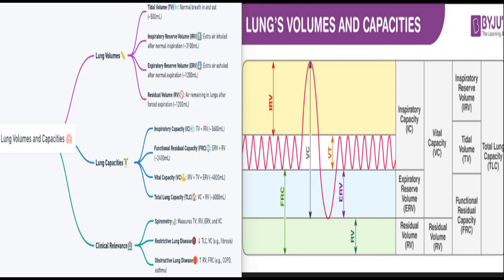DLCO, which is the diffusion capacity of the lung for carbon monoxide, or transfer factor, is used for assessing the diffusion function of the lungs. It is impaired when the diffusion distance is increased, as in lung fibrosis, and impaired if the alveolar surface area is reduced, as in emphysema or post-lung resection.